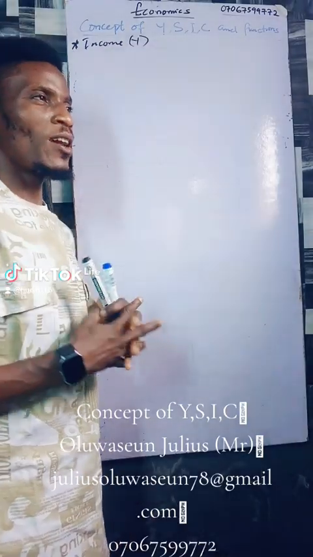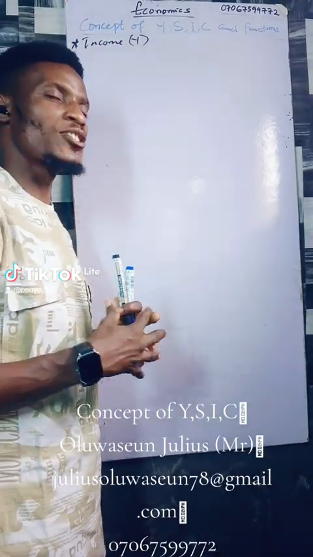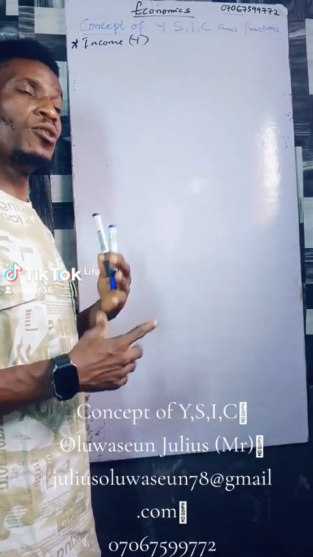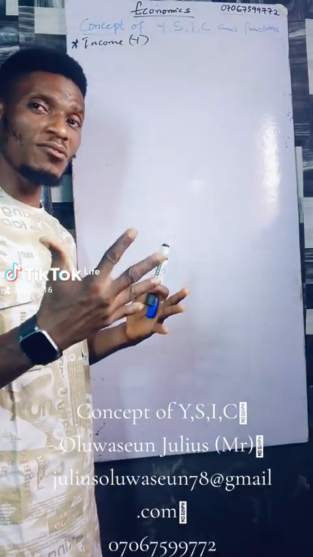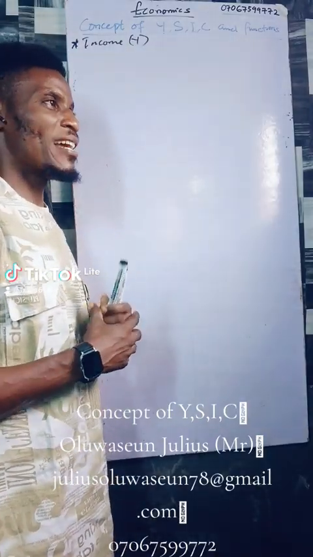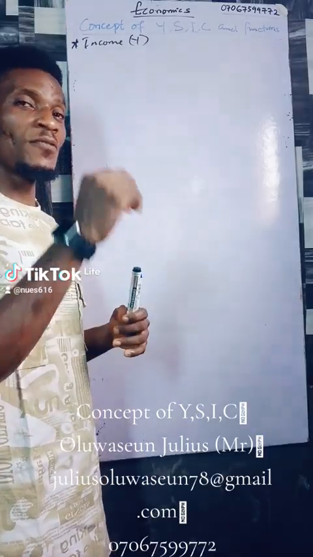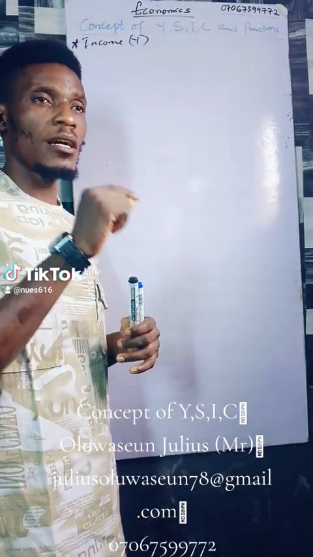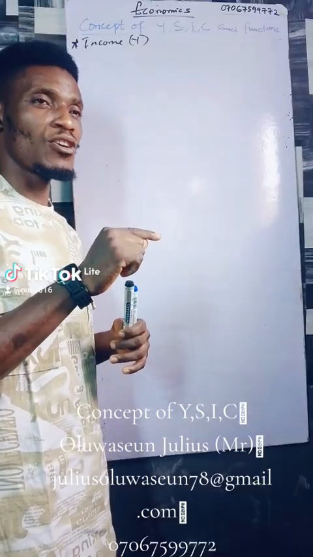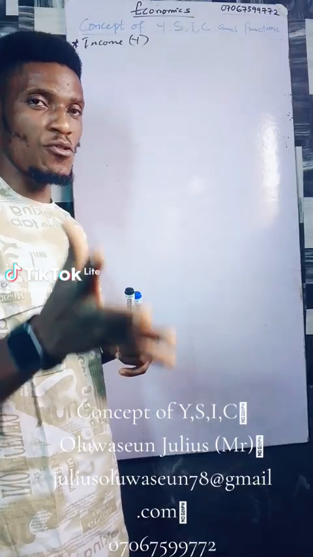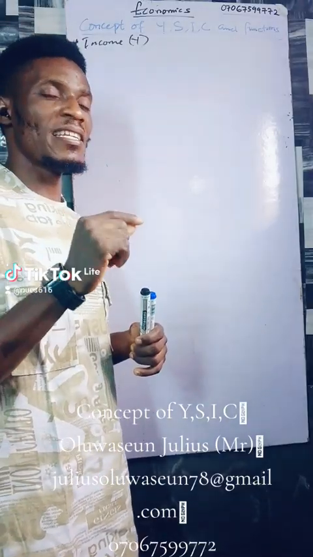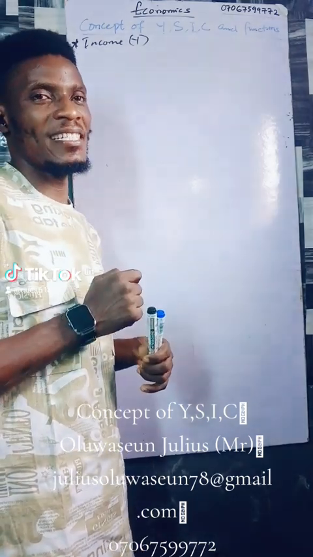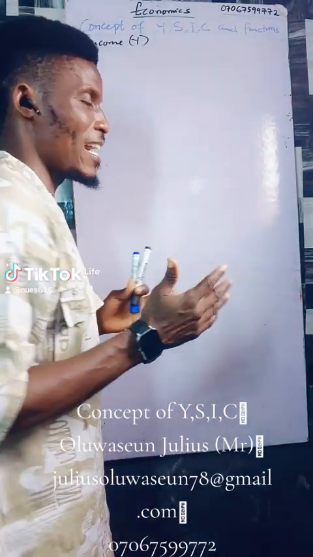I told us that income has to do with the earnings of an individual or firm from sales or services. And I explained that there is a difference between income and revenue. Income is a term used by an individual, while revenue is a term used by business units or government. Is that taken? So that is that for that.